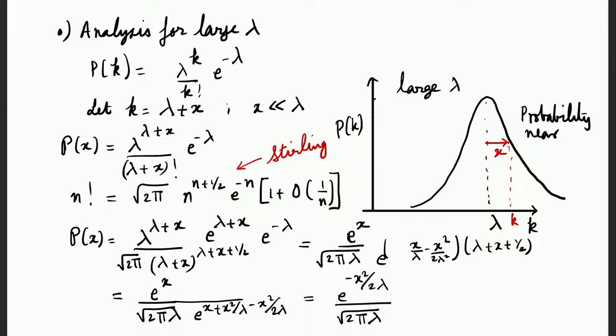Now you can see this e to the minus lambda cancels out, and we have e to the power x, root of 2 pi, and then I take lambda outside. Lambda is much larger than x, so there is a lambda to the power lambda plus x plus half, which cancels out this one, leaving a root lambda outside. What is remaining is 1 plus x by lambda.